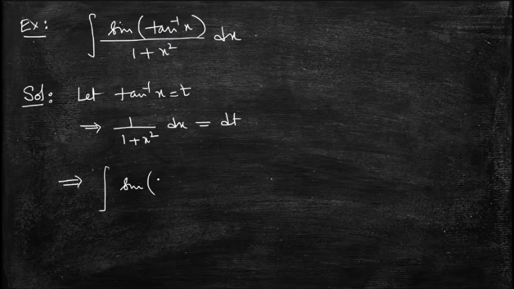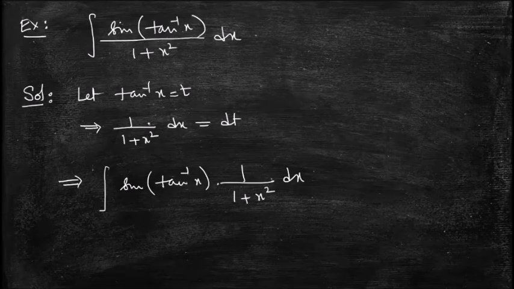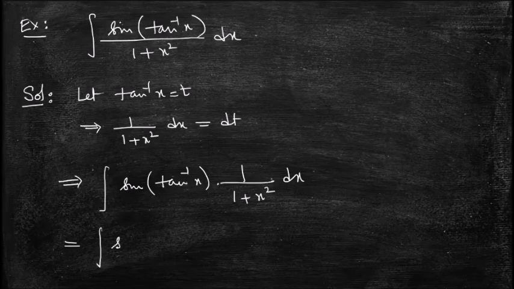Sine of tan inverse x into 1 by 1 plus x square dx. Now tan inverse x can be replaced as t, and this entire thing can be replaced as dt. So what happens? Sine t, this entire thing is becoming dt.